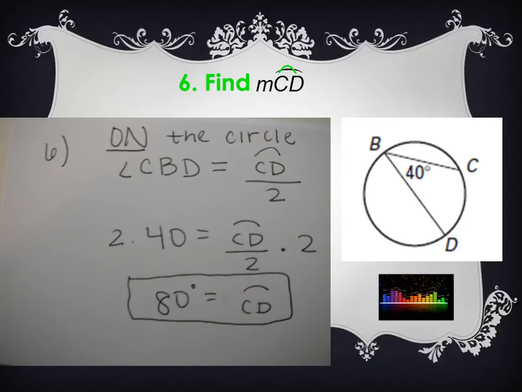Our angle is 40 degrees, and we don't know what our arc is. So we get 40 degrees equals arc CD over 2. We are solving for CD, so we multiply both sides by 2 to get CD by itself. 2 times 40 gives us 80 degrees. So arc CD is 80 degrees.